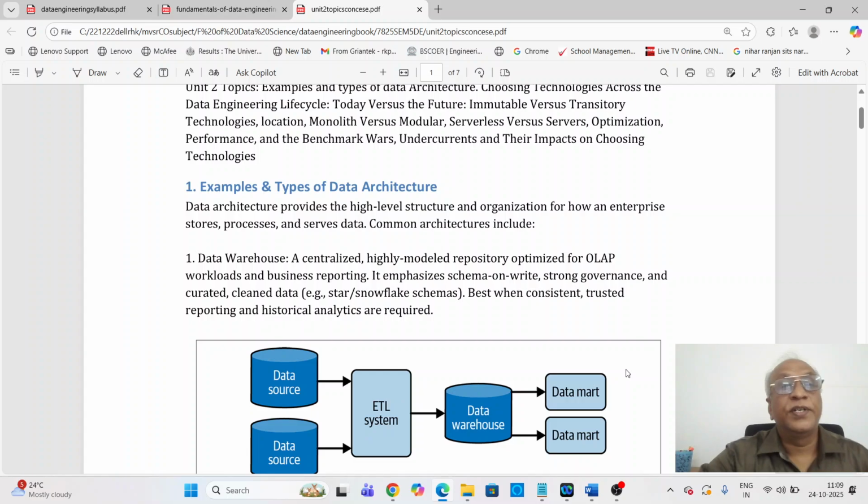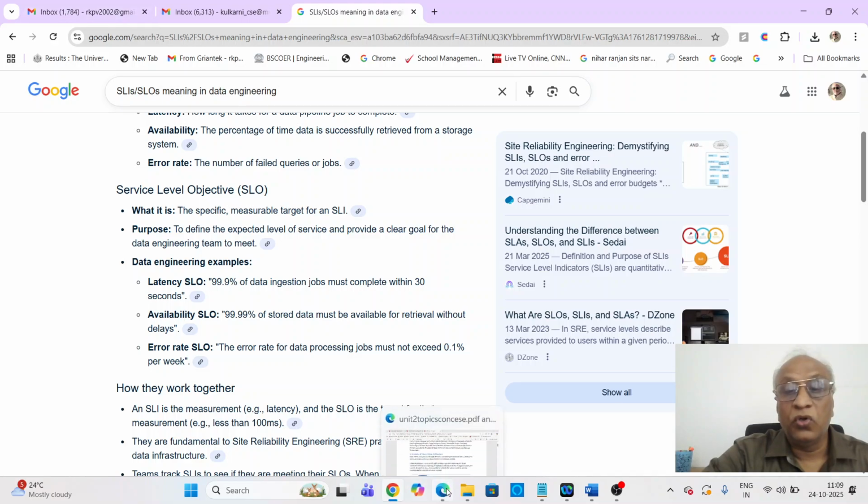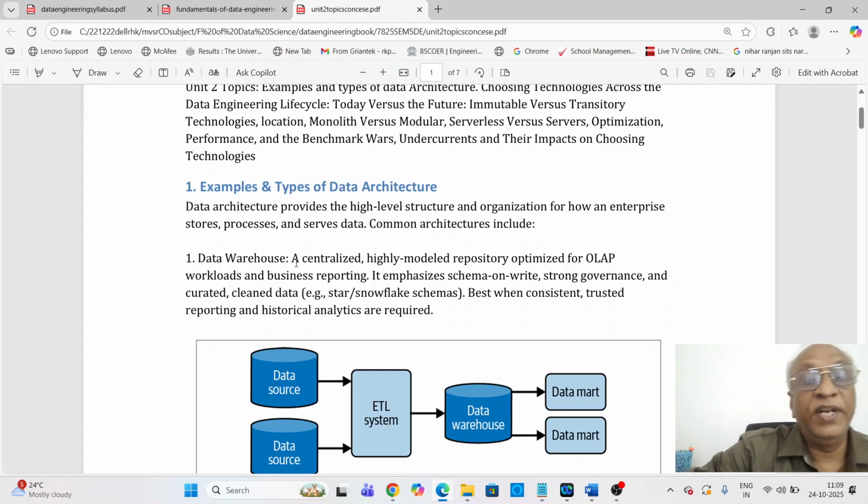The first topic is examples and types of data architectures. The first example is data warehouse, and data warehouse we already know. When we compare that with the DBMS, we know that the data is denormalized.